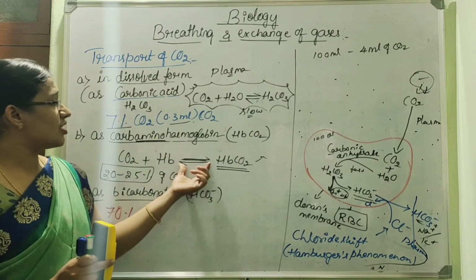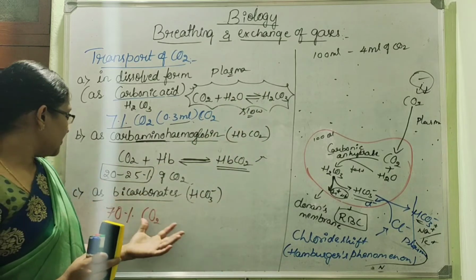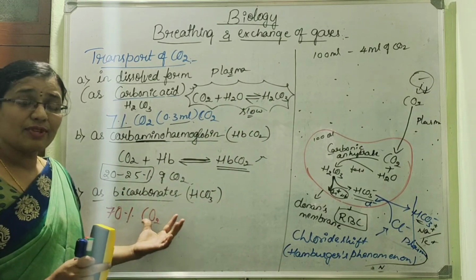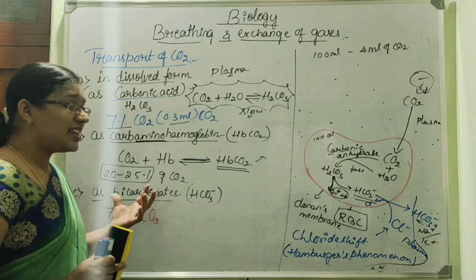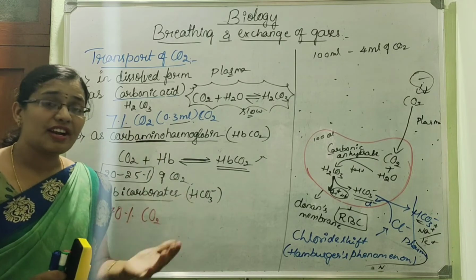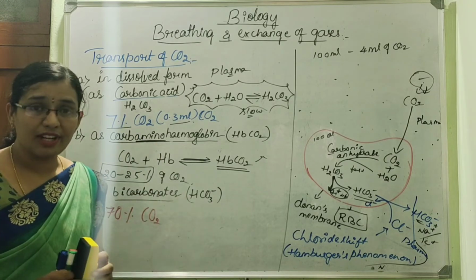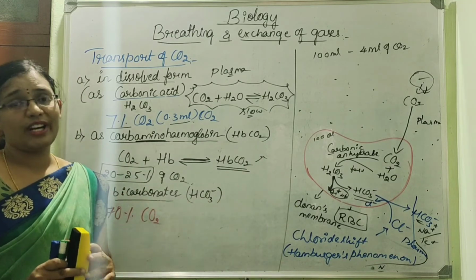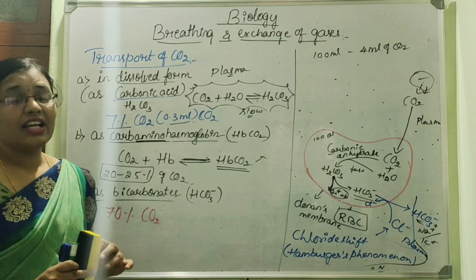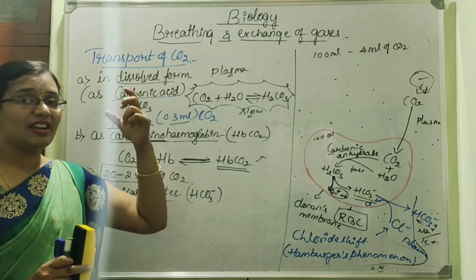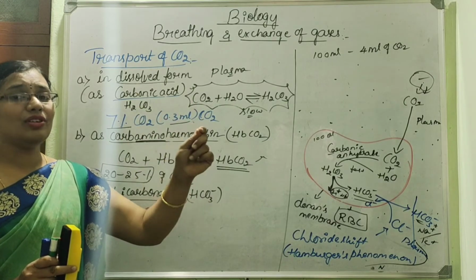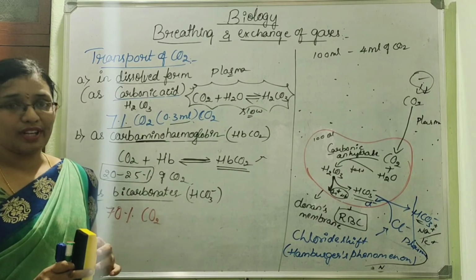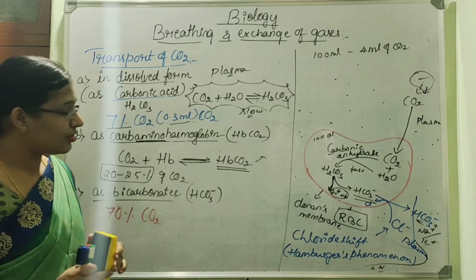This is also a reversible process. And then 70%, the majority of the carbon dioxide, is transported in the form of bicarbonates, either potassium bicarbonate or sodium bicarbonate. Like this carbon dioxide will reach the alveoli in the form of bicarbonates for further purification to take place.